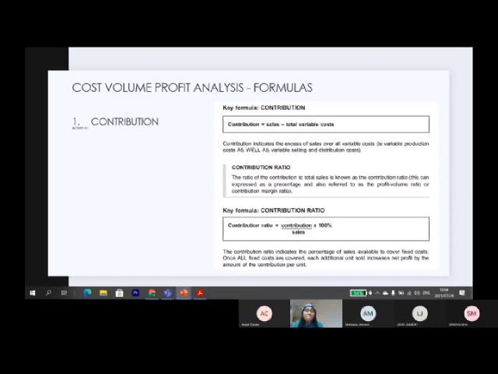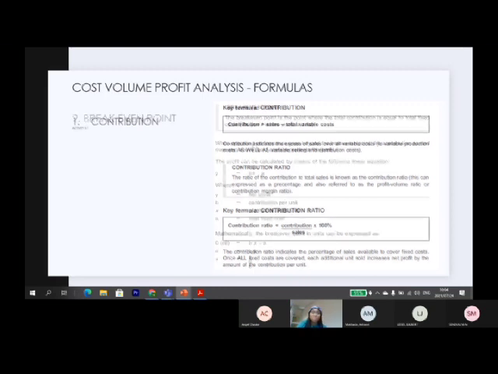What they're trying to say is, if I've got a positive contribution, can this contribution cover my fixed cost? Because your contribution would have taken into account all your variable costs, what will be remaining will be your fixed costs. So can my sales cover my cost? That's what the contribution ratio means.